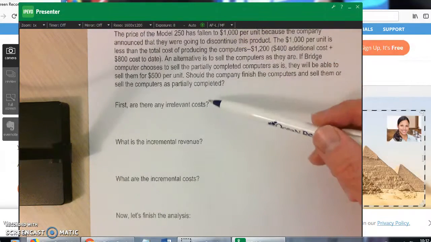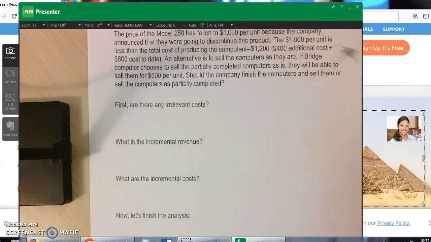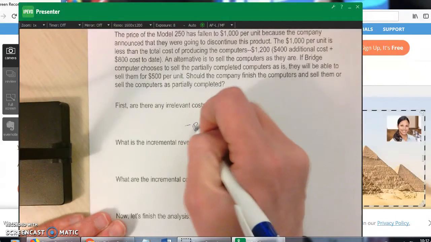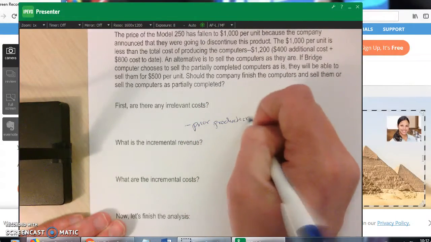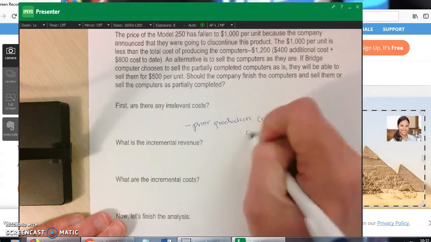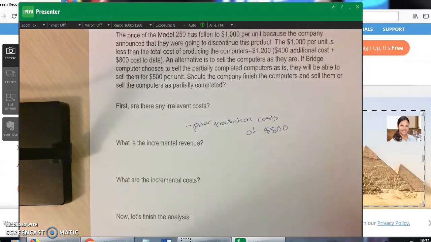When you look at this, the first thing we want to think about is, are there any irrelevant costs? And yes, there are. It's the prior production costs of $800. Those are sunk costs.